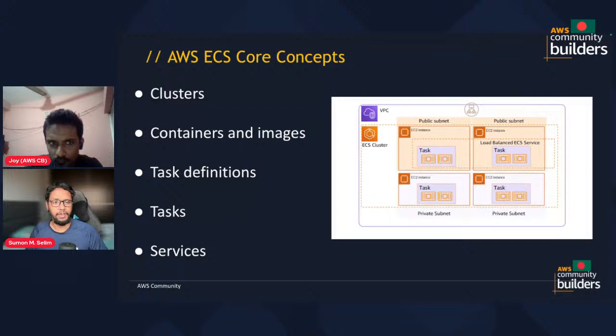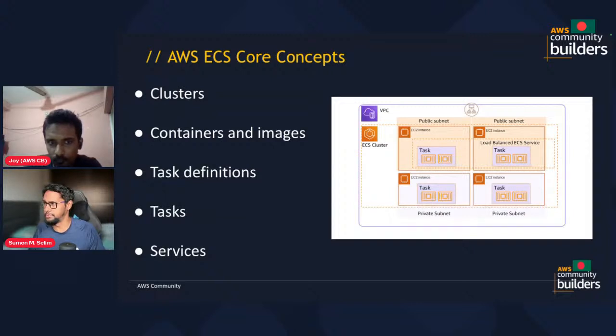And if needed, based on our need, we can also use a load balancer or auto scaling with ECS. And the tasks are based on our task definitions. When we want to run our application, a task is created and run. This task will contain our application, and it will make sure that our applications are running.